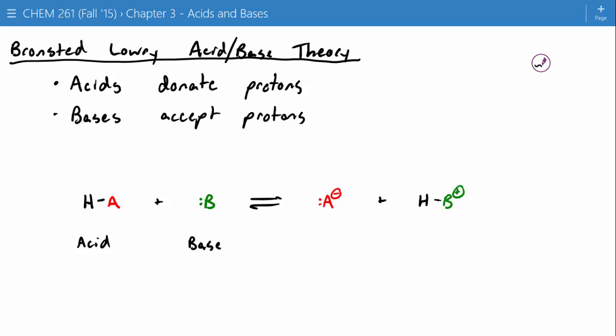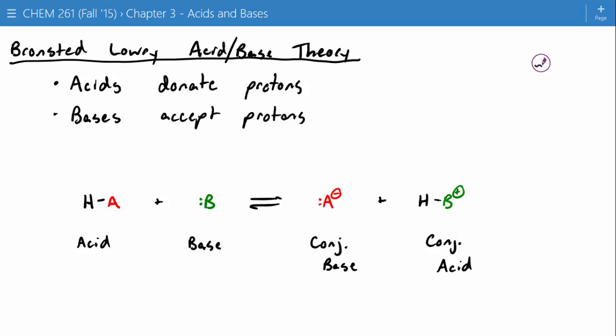What do we call A minus? It's an anion, yeah. But now it could act as a base, right? Because it lost its proton, it could accept it back. So we call this a conjugate base. And this would be our conjugate acid.